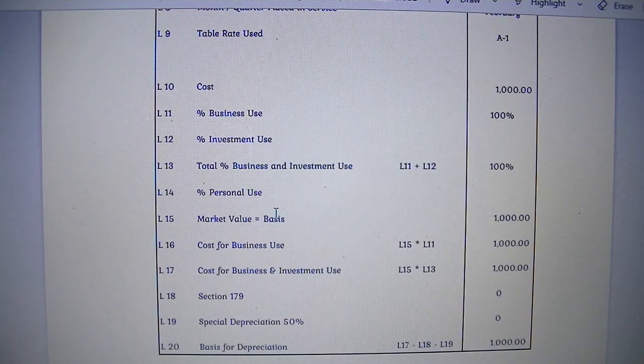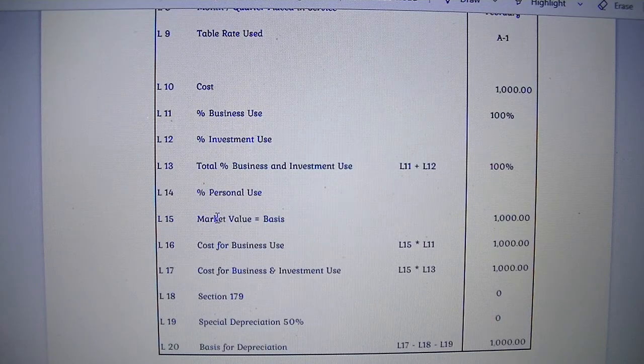So if you purchased the item and you didn't place it in service right away, assuming you didn't purchase it the same year you placed it in service, you might have to determine the market value of the asset.